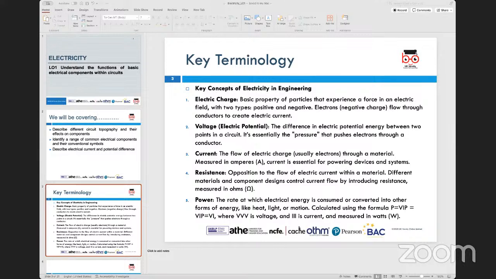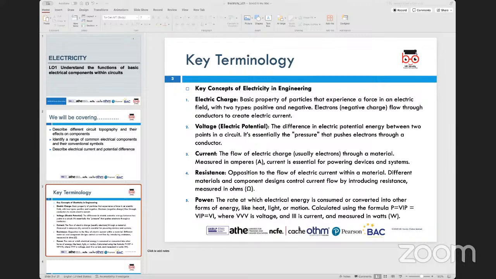Now this is the rating in which you would see the flow of electric charge or electrons happening through the material, and this helps in powering different types of devices or different types of systems.